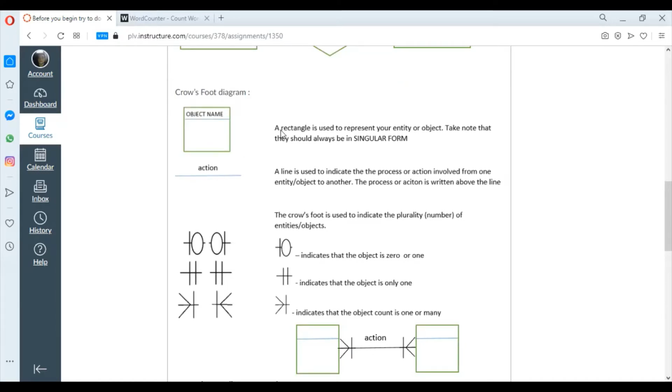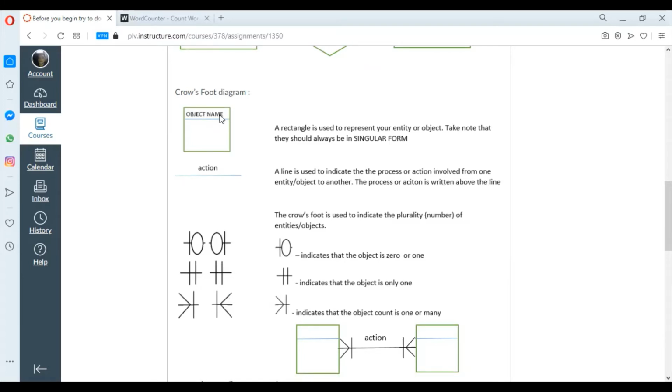Now, for our Crow's Foot diagram, we have the following symbols. Instead of using a rectangle, we use a square wherein the object name is stated above the square and it is separated by a line. If you are familiar with class diagram, or if you have already tackled class diagram, the rectangle used in a class diagram is the same as that used in a Crow's Foot diagram.